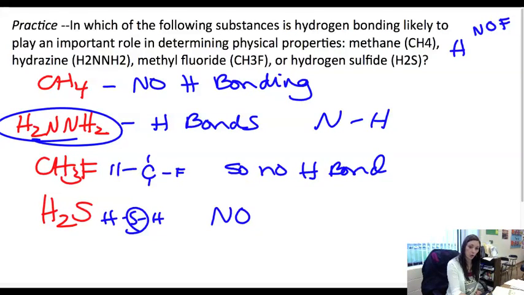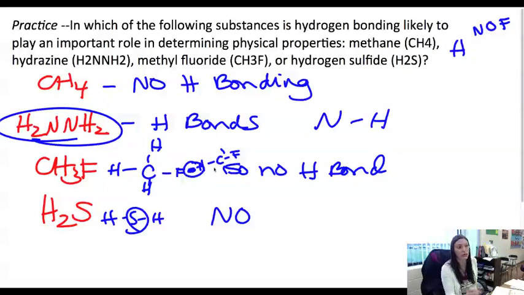CF is going to be polar and CH is a polar bond, but it's not polar enough, so when another hydrogen comes along here and another CH3F, this is not going to be a hydrogen bond.